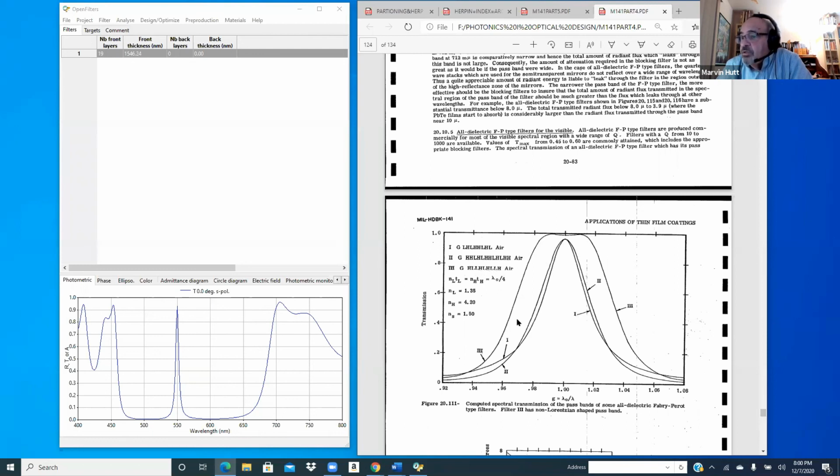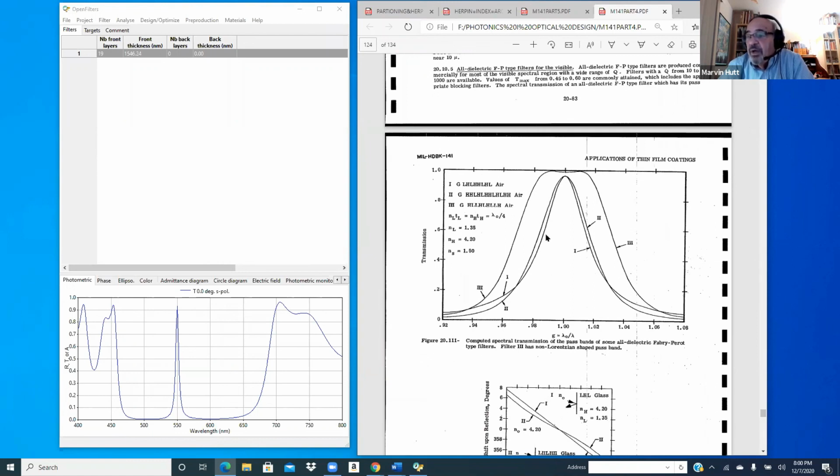You want a broader transmission over the wavelength region involved. Okay, so this is a double half wave coating. High, low, high, low, high. So here is a half wave, and here is a half wave. All right. So if I go to that, I'm not going to do that now.